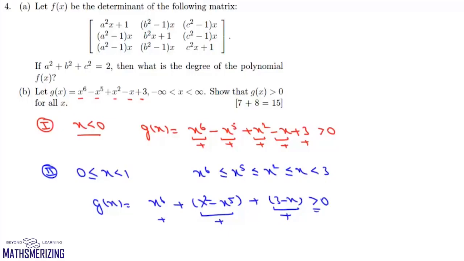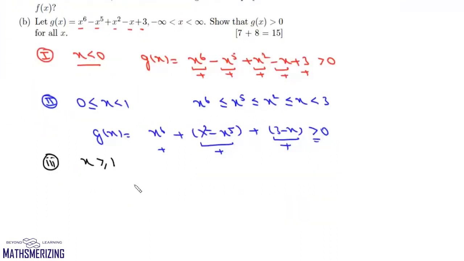Now we'll come to the third case, when x is greater than or equal to 1. Now when x is greater than or equal to 1, then x^6 will be greater than or equal to x^5, which is greater than or equal to x^2, which is greater than or equal to x.